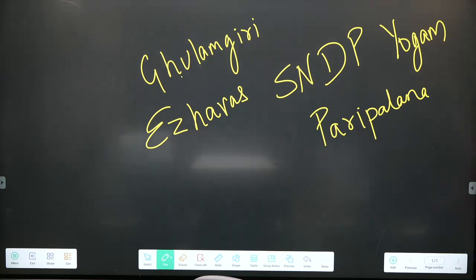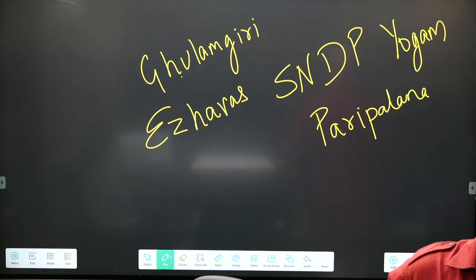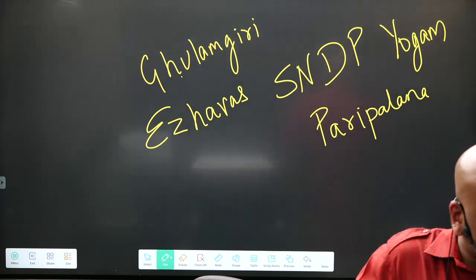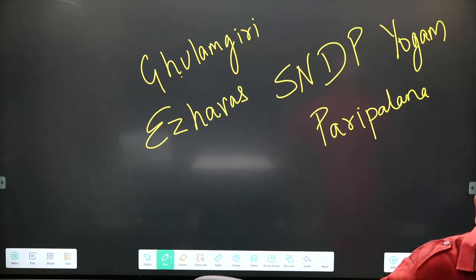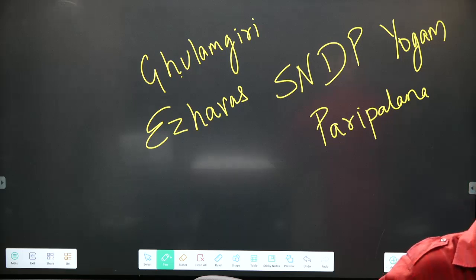He also suggested that Ezhavas should learn Sanskrit. कहते हैं कि if higher castes do not give you entry in their temples, you establish your own temples. Become priests. Learn Sanskrit.